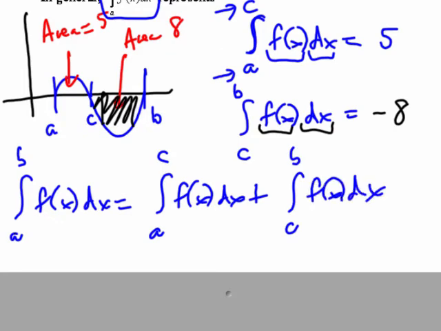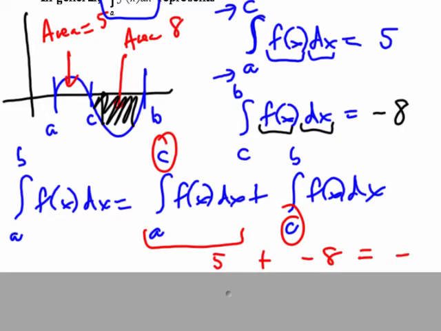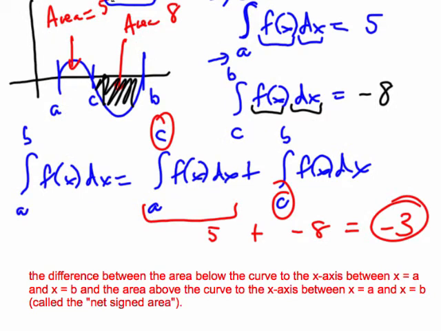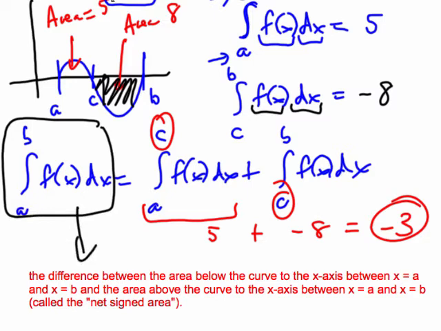The integral flows a to c, c to b, and so this is 5 plus negative 8, and so we get a quantity of negative 3, which we call the net signed area. So in general, this integral represents the difference between the area above the curve to the x-axis and the area below the curve to the x-axis, called the net signed area.